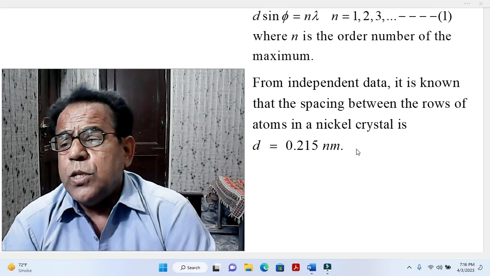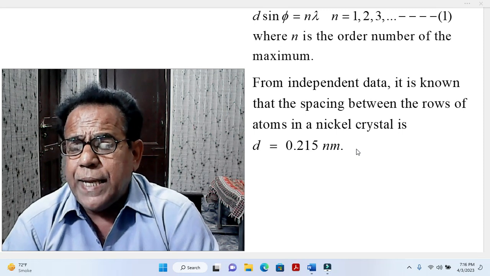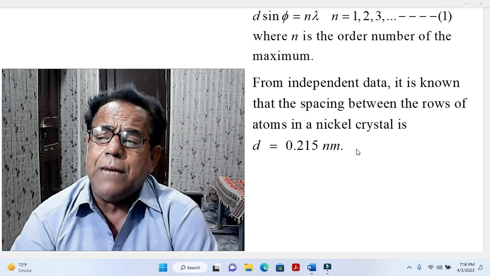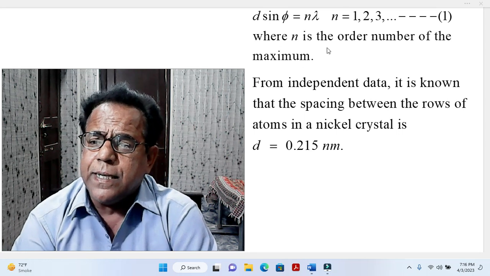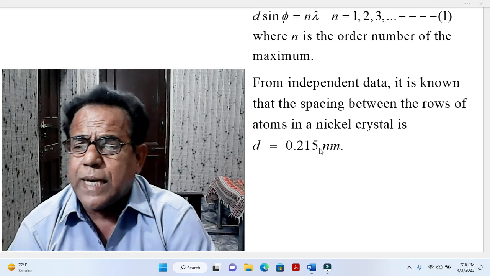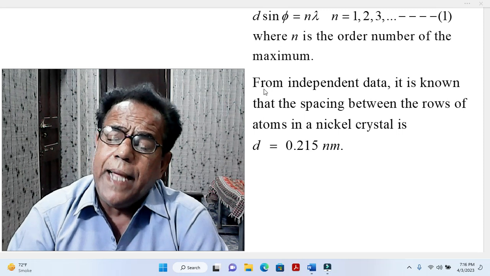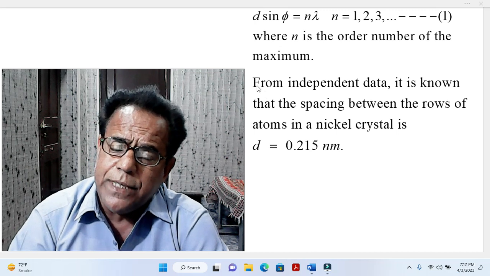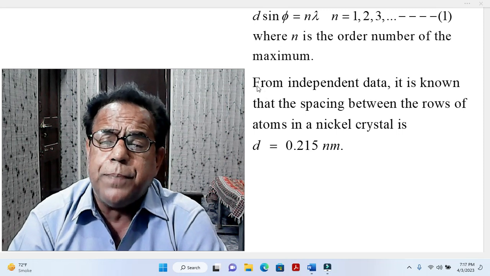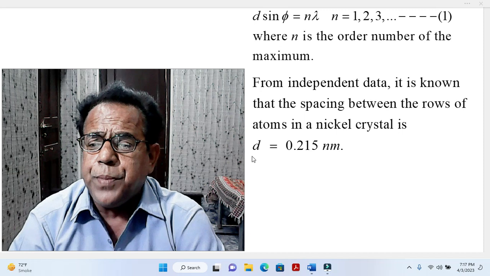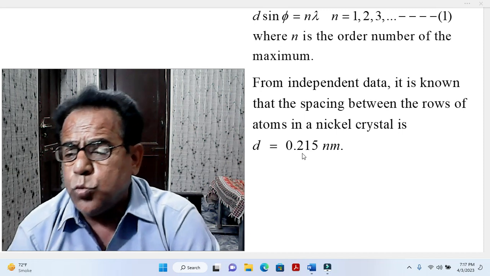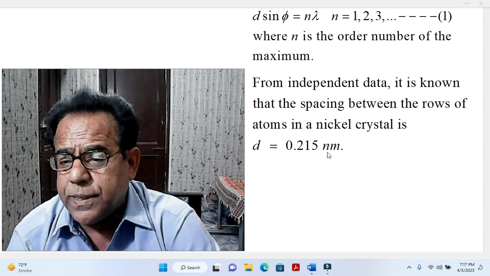That is why I have explained that I have chosen this complete wording which we have so far described. This wording has been chosen from the book Modern Physics by Kenneth S. Crane. D equal to 0.215 nanometer.